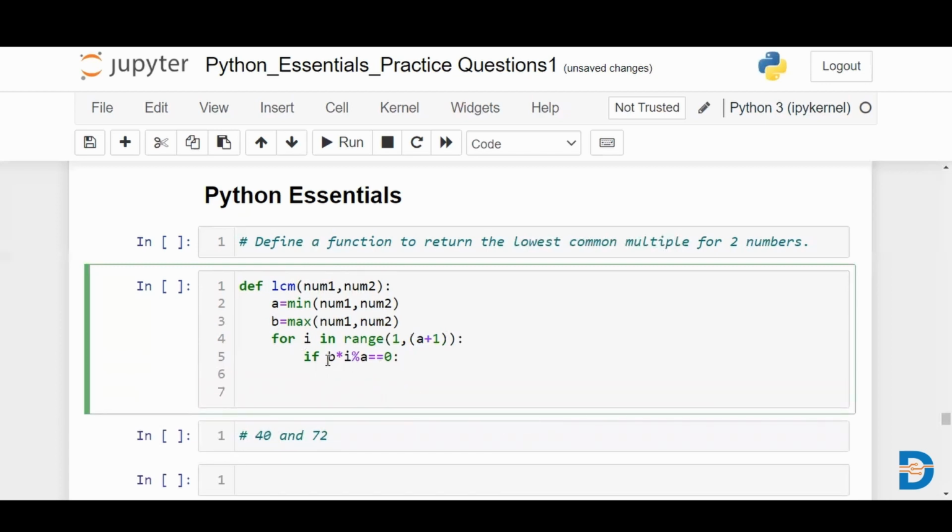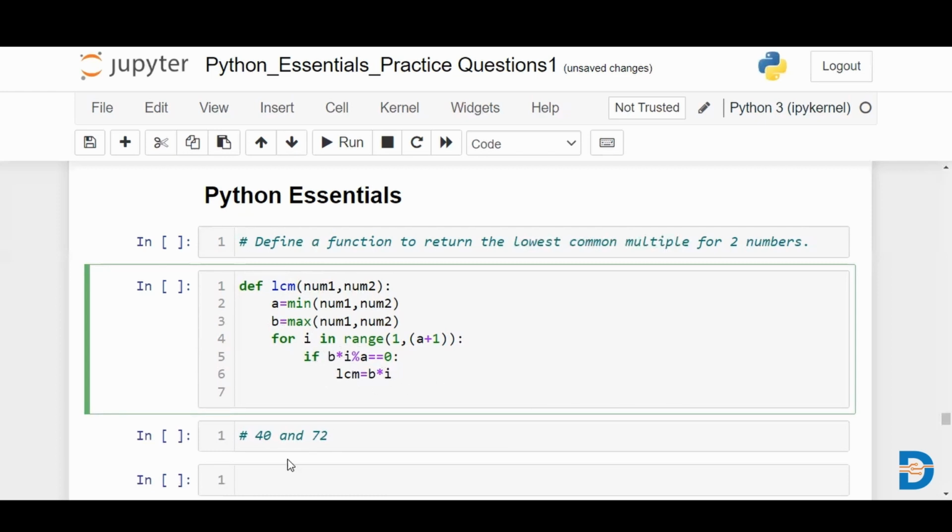In other words, this multiple of B is also a multiple of A. That is what this if function is checking. If so, we define the LCM as that number, B times I, or the maximum of the two numbers times I.